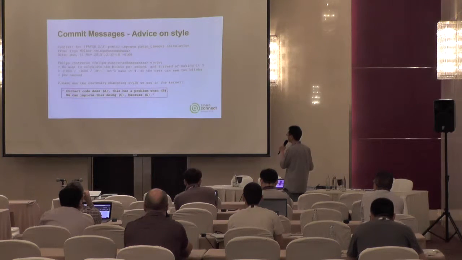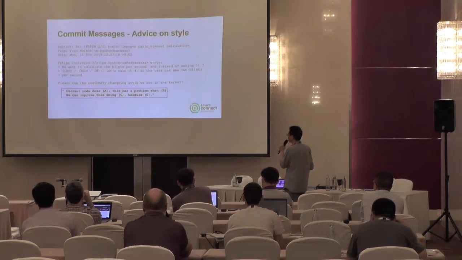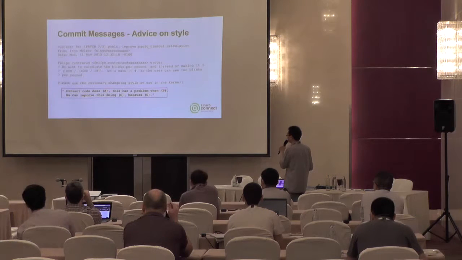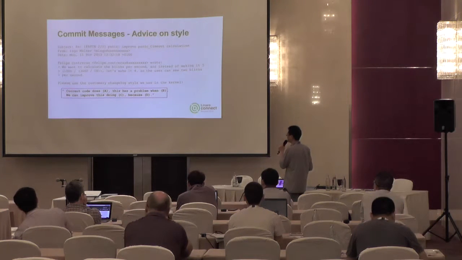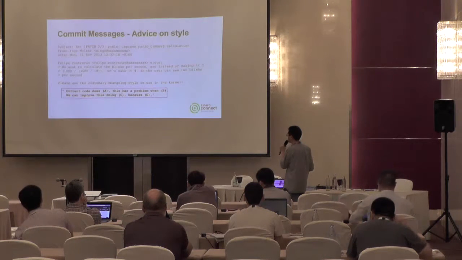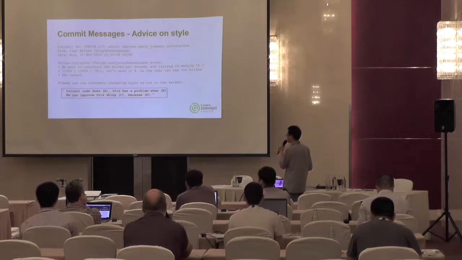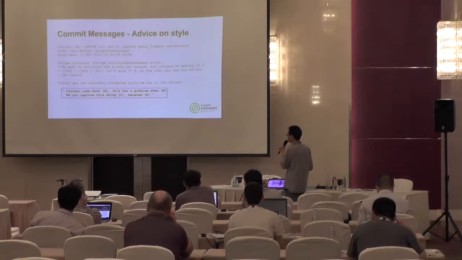We can see in this commit message, it just tells what the patch is for, but it doesn't explain how the patch works or what the current issue is. So Ingo Molnar suggested using the customary changelog style. The pattern is: current code does A, this has a problem when B. We can improve this by doing C because D. Using this pattern, we can easily follow what the current issue is, what this patch is doing, and why it is done this way.